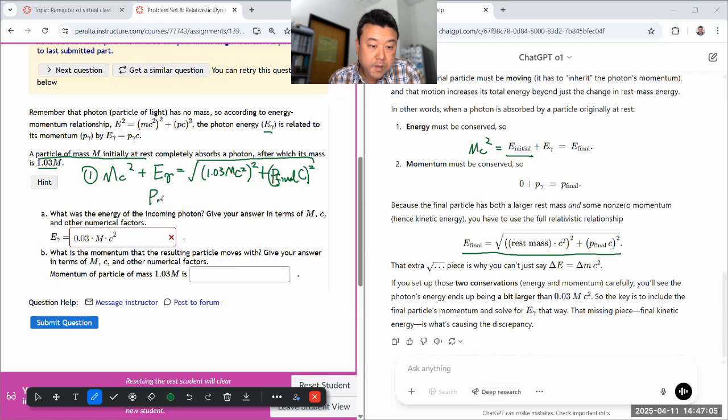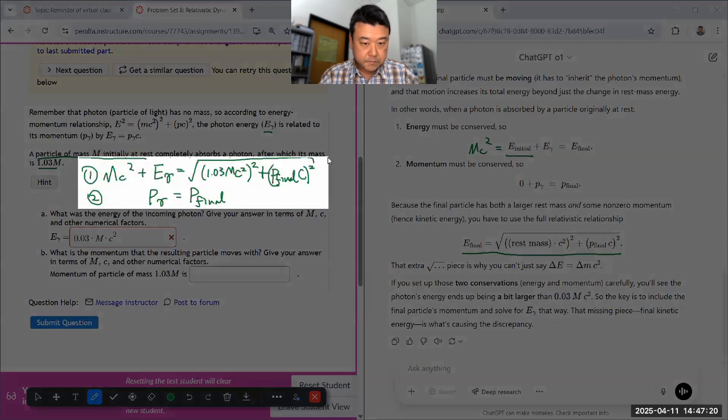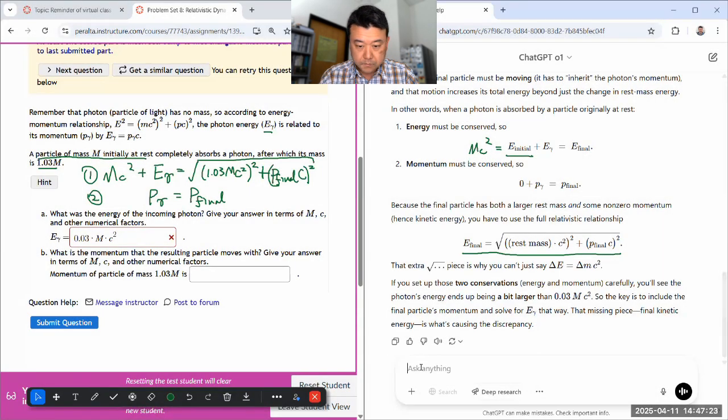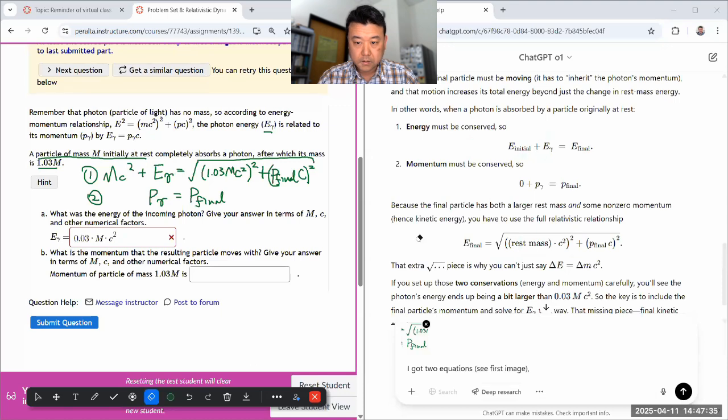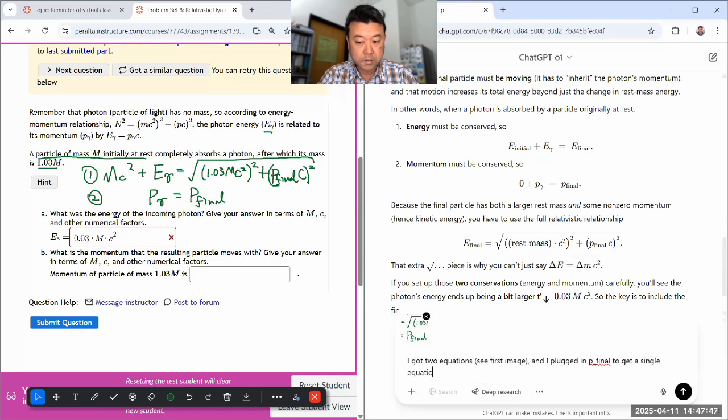The photon momentum is equal to P final. So I've got two equations, and I plugged in the final to get a single equation.